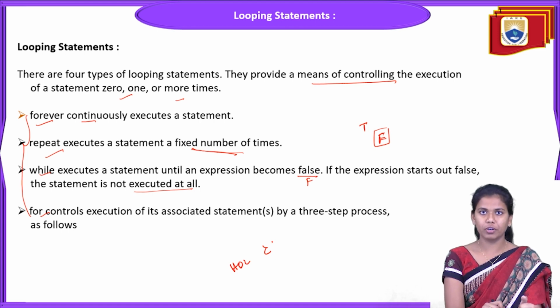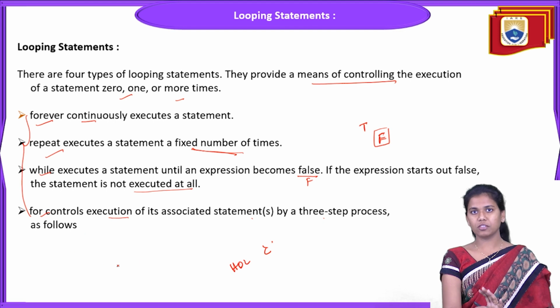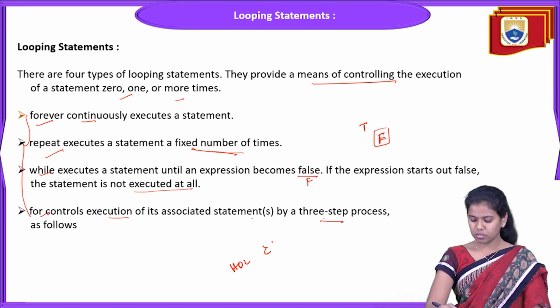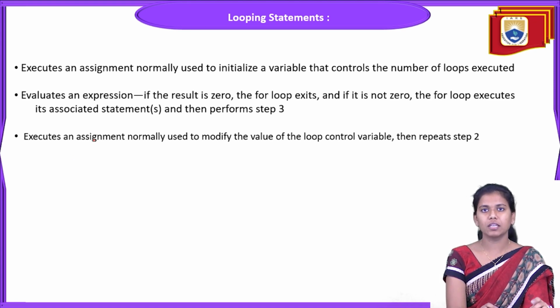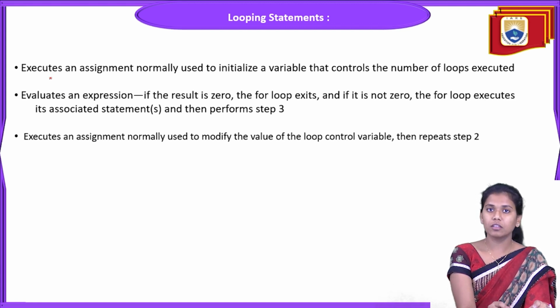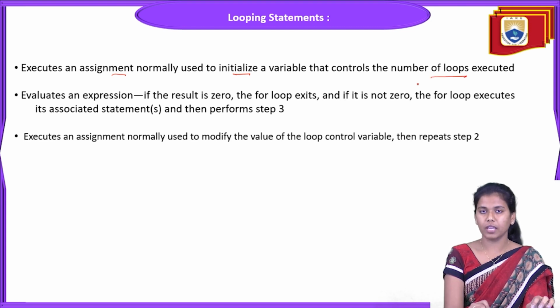Coming to the for loop statement, it controls the execution of its associated statements by a 3-step process. The first step is that the for loop executes an assignment, normally used to initialize a variable that controls the number of loops executed.